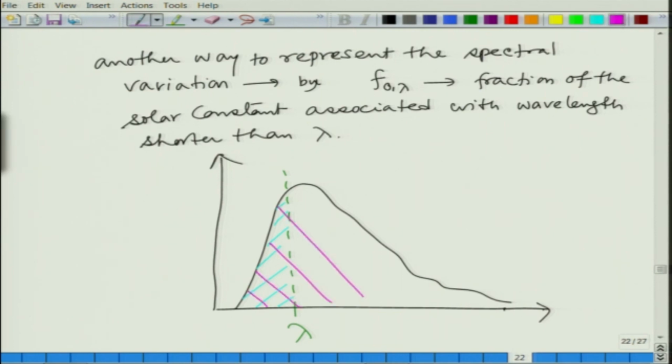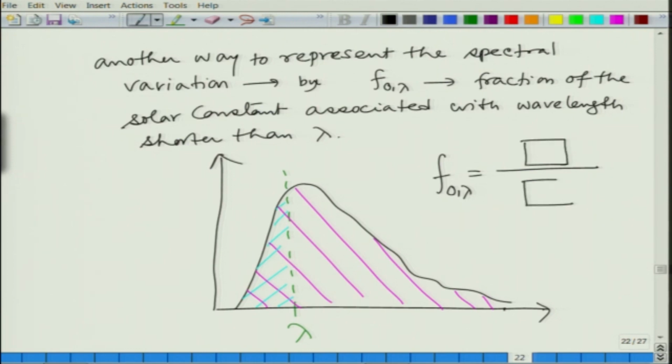ISC is the whole area under the curve. Okay. So, basically we can write f O lambda, O I am coming next. So, let us talk about this first. So, what we get? It is area under two areas. So, here on the numerator you have this particular area, and on the denominator we have this particular area. Okay. I think this is clear.